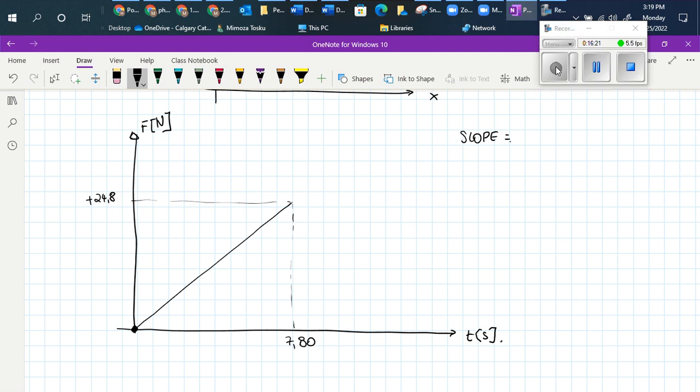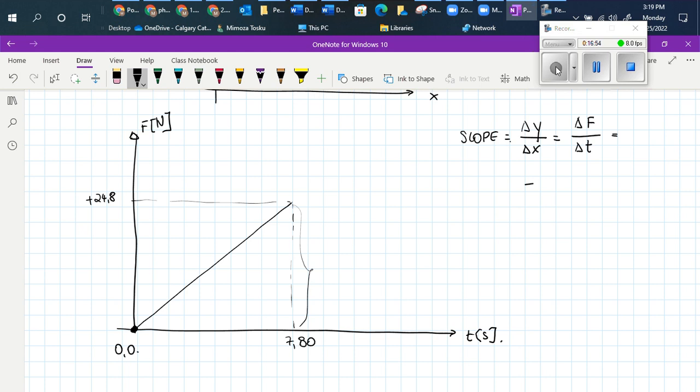So let's start with finding the slope first. We expect the slope to be positive because the line is going up, and like in every case the slope is delta y over delta x, the change on the vertical over the change on the horizontal. The change on the vertical starts at 0, 0 and goes up to 24.8.